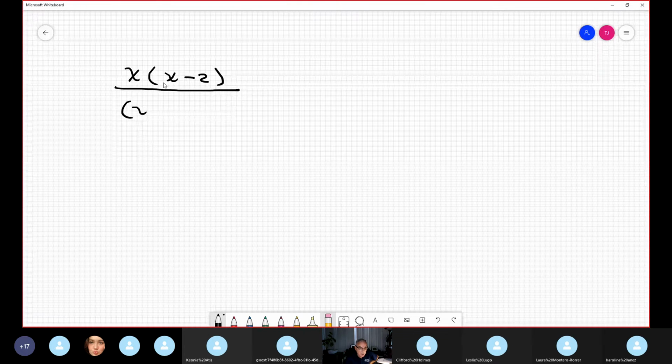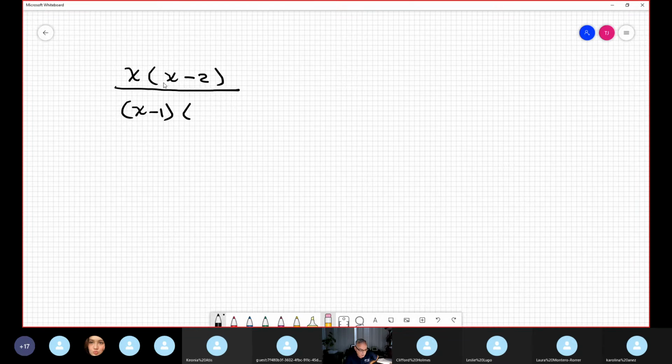Suppose x minus 1 and x plus 1. This is a rational inequality because of the division of polynomials, greater than or equal to 0. So do the factorization of the polynomial in the top, do the factorization of the polynomial in the bottom, and create the right hand side 0.